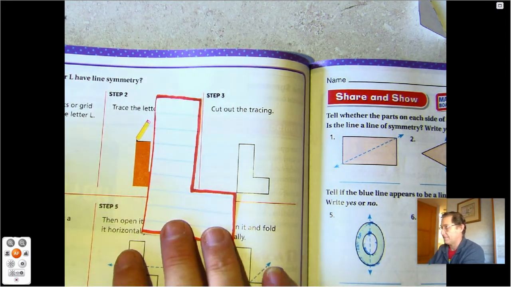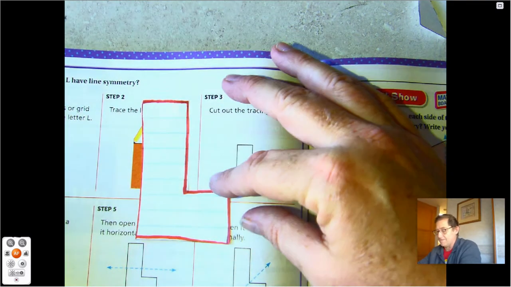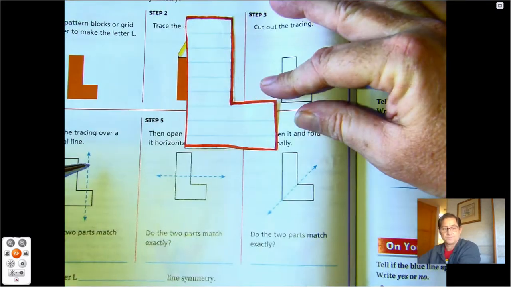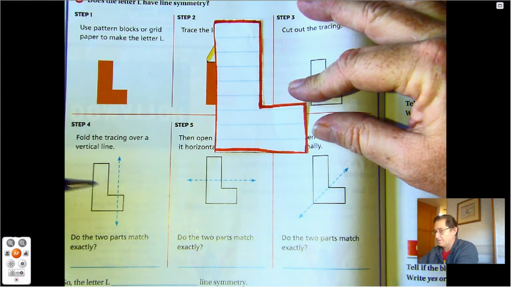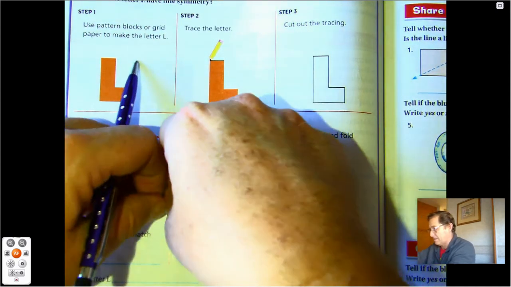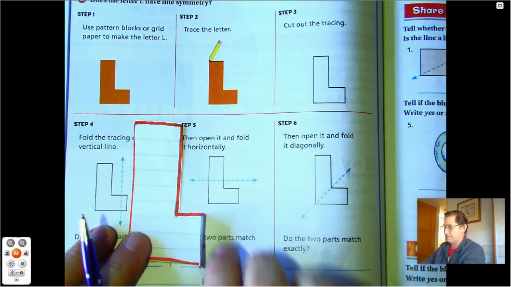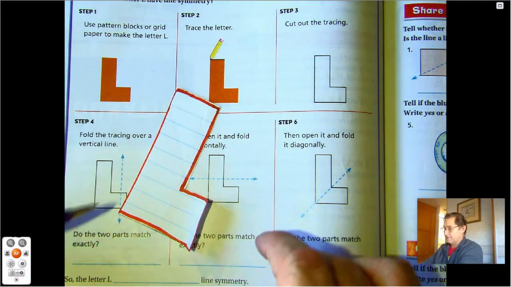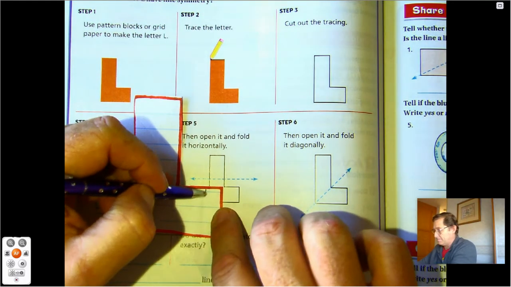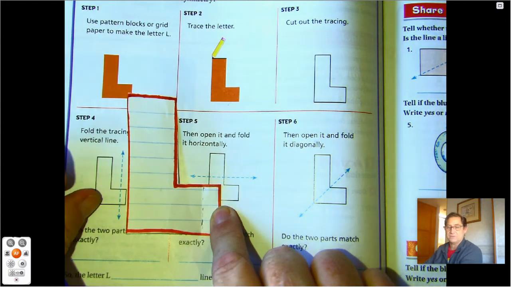I cut out the tracing for step 3, and now it wants us to fold along this vertical line. Well, I hope that when you look at that, you say, no, there's no way that's going to match, right? This fold line here, there's not equal amounts on either side, so that's not it.